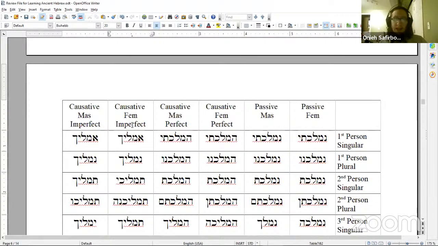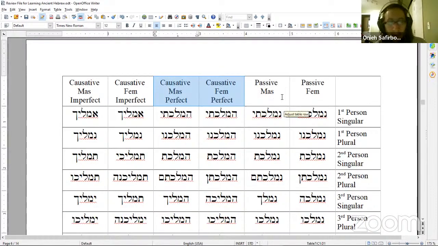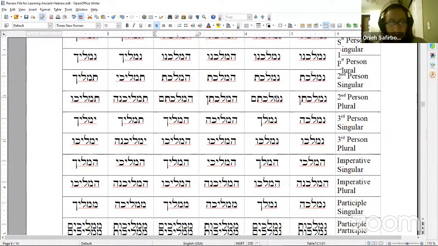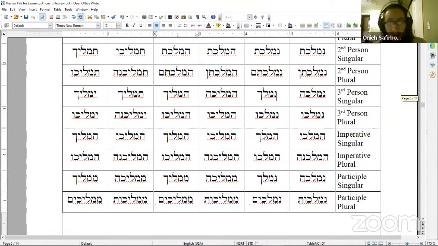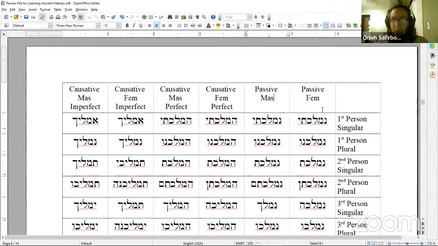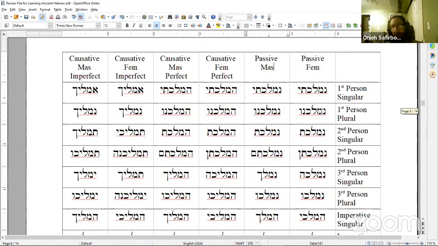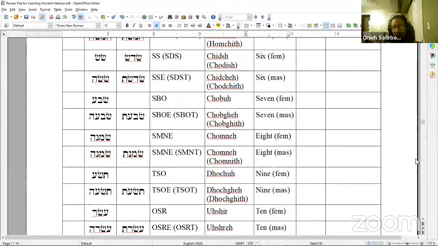See, so it has the causative imperfect and the causative perfect. And it has the passives, but the regular form is not there. That's weird. I'm really at a loss of why that chart is not here.